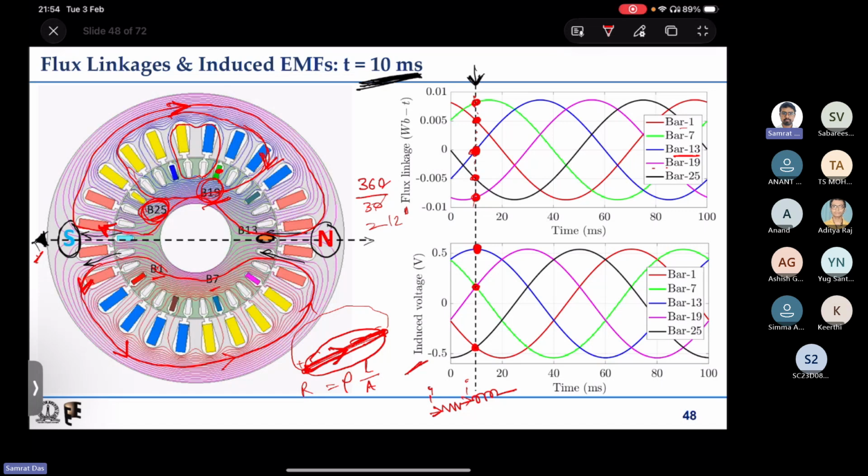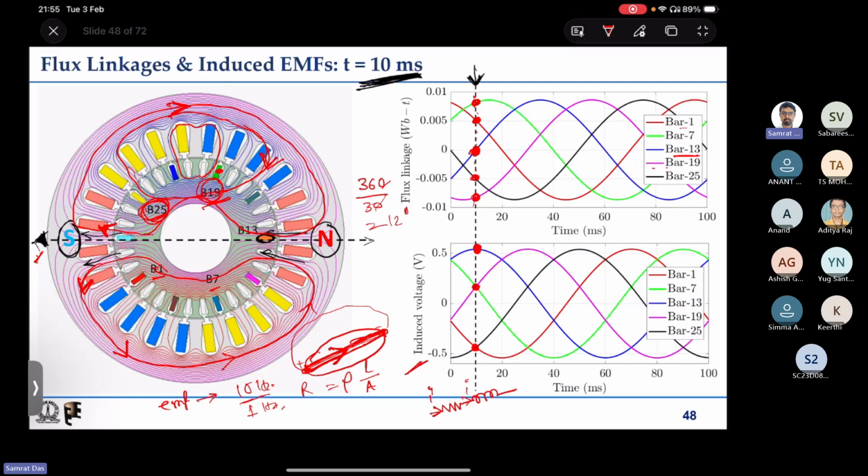Now what is going to be the frequency of this current? It will be the same as the frequency of the induced EMF. That is quite low, say 10 hertz, or in actual cases it can be 1 hertz or even far lower, because in induction machines the rotor runs at a speed very close to the synchronous speed.